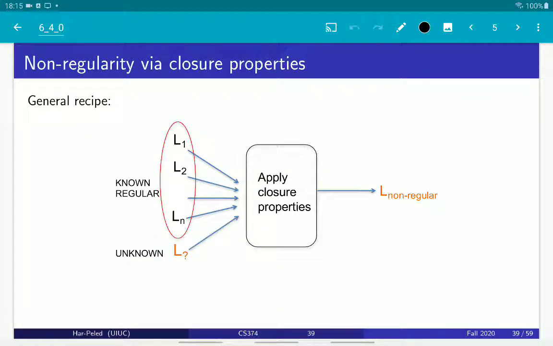Here's the proof in words. In general, the strategy works as follows. We take a bunch of regular languages that we know are regular. We take this unknown language that we want to prove is not regular. We apply a sequence of closure properties, intersection, difference, prefix, suffix, whatever. And we get some output language which we know is not regular.